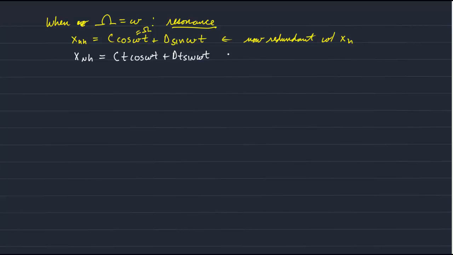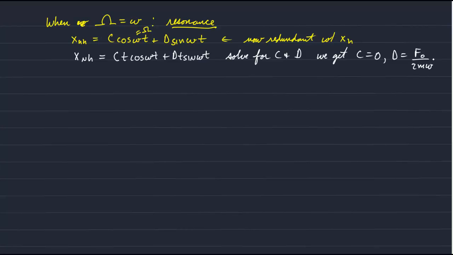And then we substitute that into our ODE and solve for the coefficients. And when we do that, we get C is equal to 0, and D is equal to F naught over 2m omega.